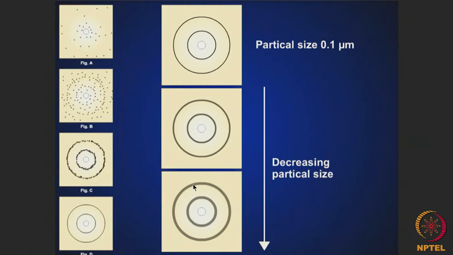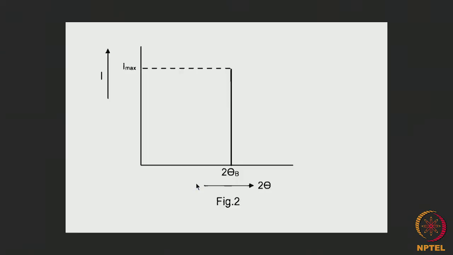Now, a method has been developed to measure the particle size from the broadening of the lines of the Debye patterns. So, we will discuss that particular method. Now, when we have the Bragg law perfectly satisfied, what do we expect?